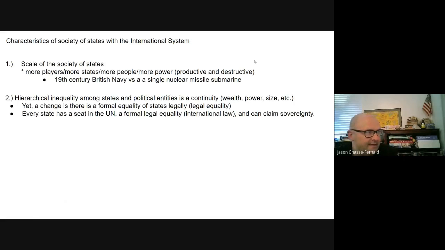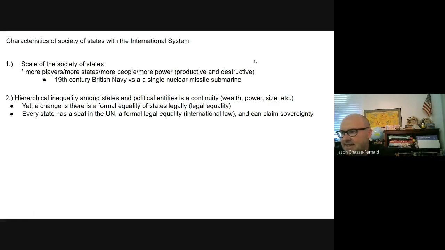One other characteristic that we are dealing with within the international system is this idea that there is hierarchical inequality among states and political entities, and this is a continuity. I don't think anyone is going to argue, at least not in good faith, that hierarchical inequalities exist among states.